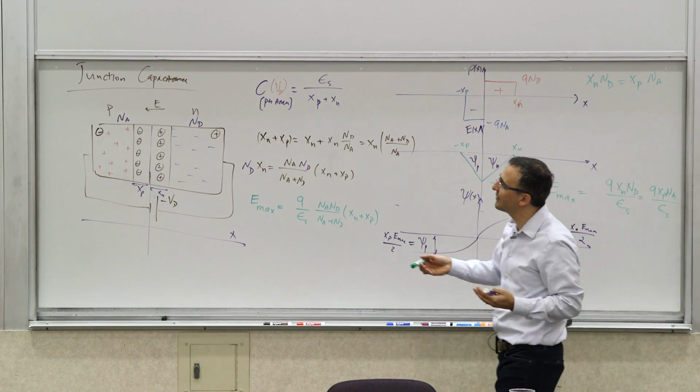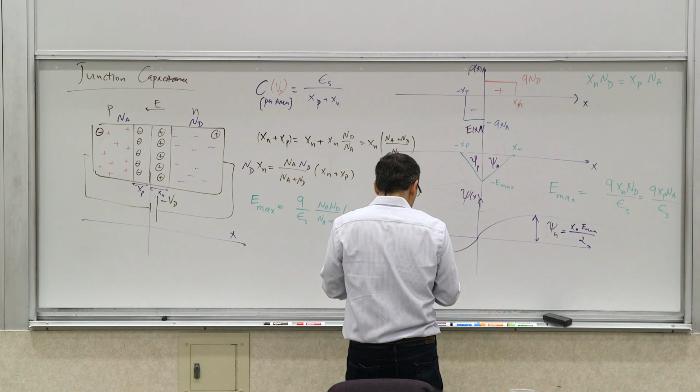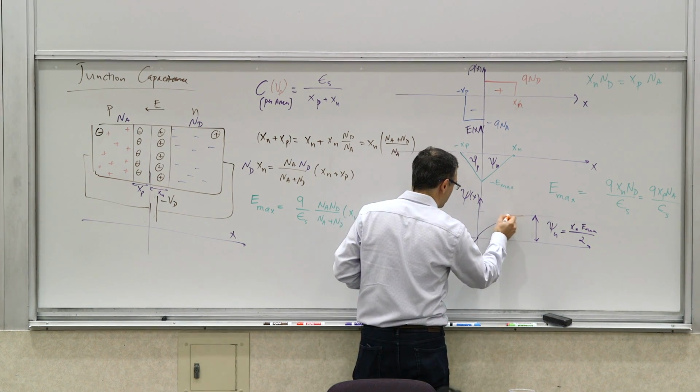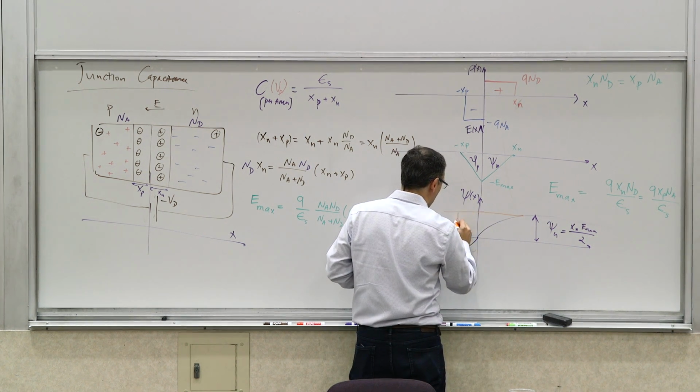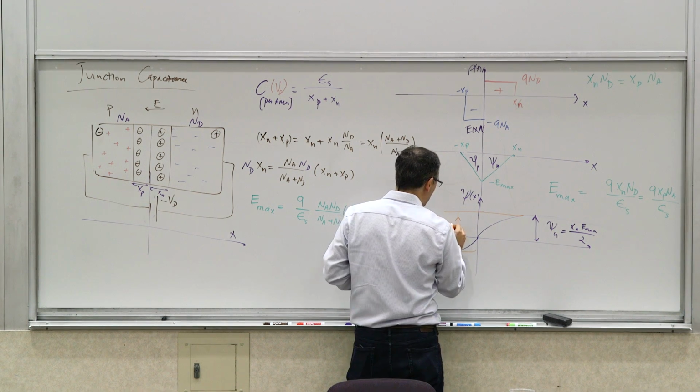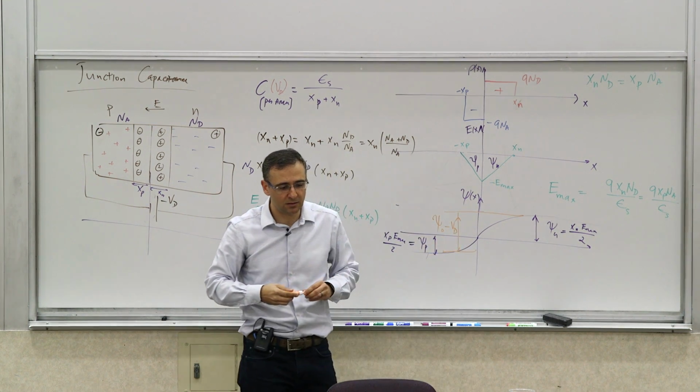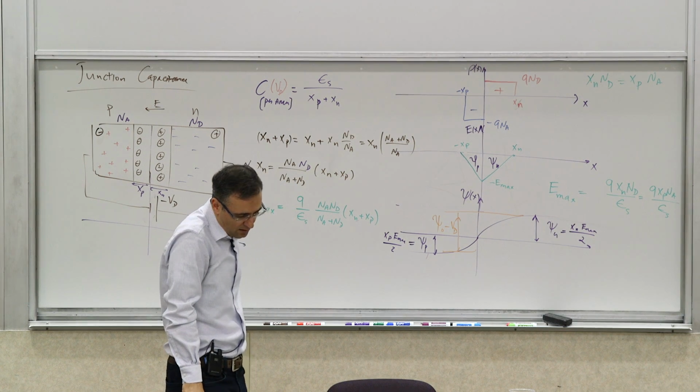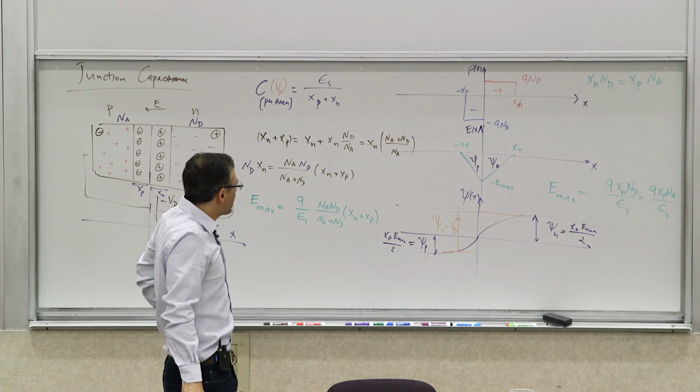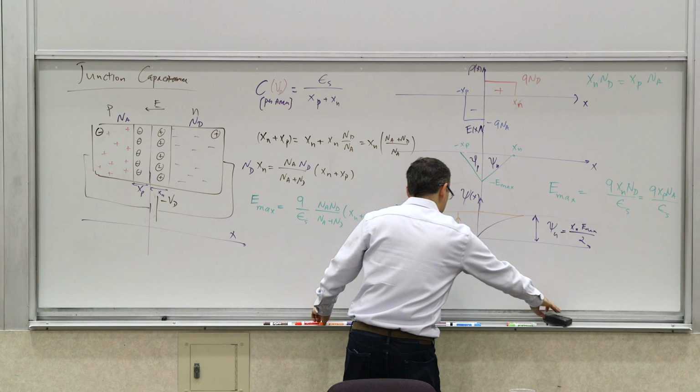So now in general, if you have a negative bias, this whole thing would be psi 0 minus Vd, right?